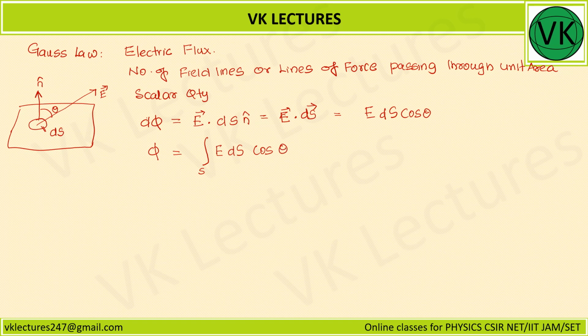Now there are two cases here, when the electric field is uniform and when the electric field is not uniform. Non-uniform electric field and uniform electric field. Now for the uniform electric field, it means constant electric field.